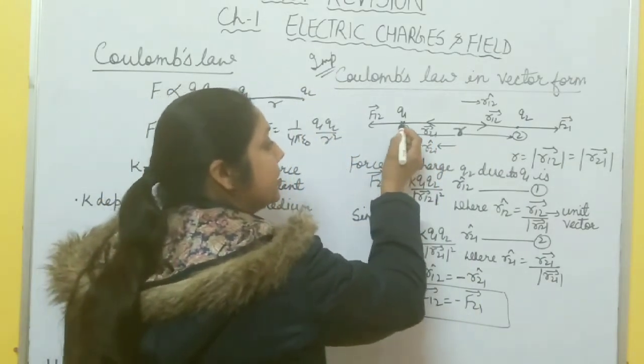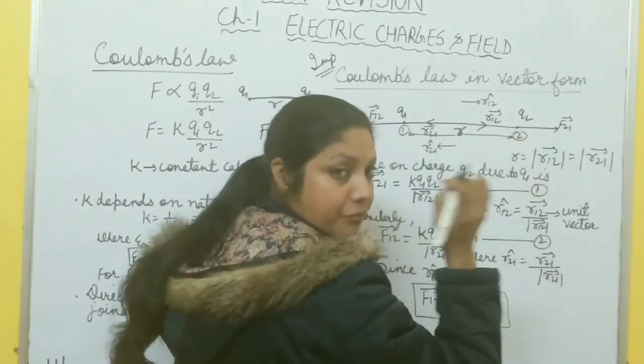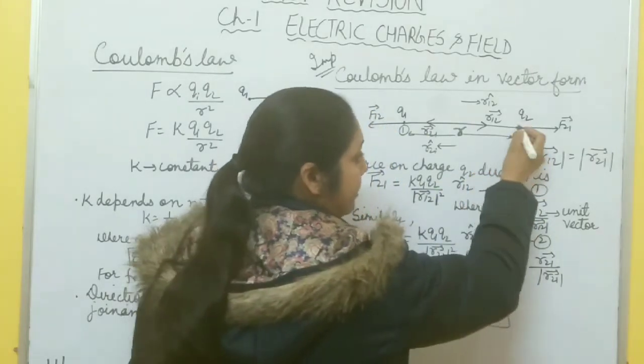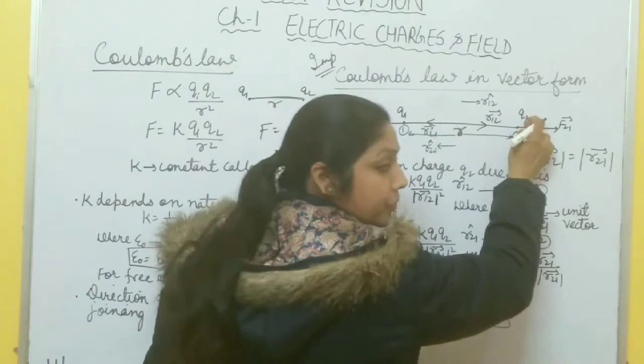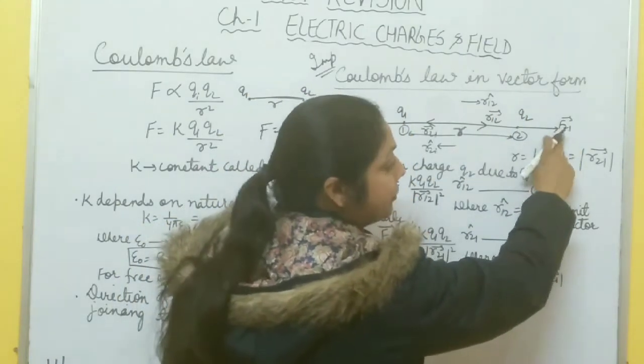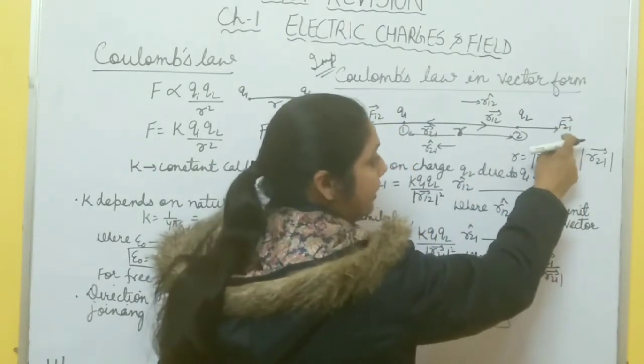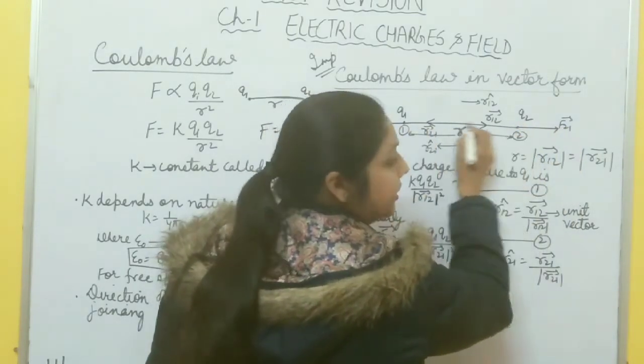Now, due to this Q1 charge, this Q2 charge experiences some force, right? So the force on this Q2 charge due to Q1 is given by F21. F21 is the force on Q2 due to Q1, and its direction is along the line joining the two charges.